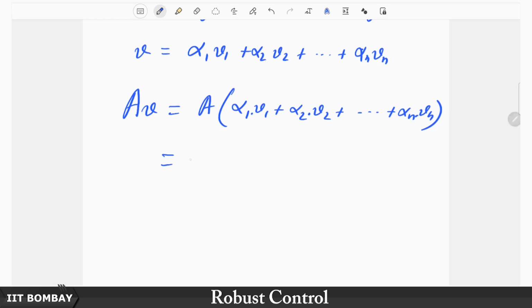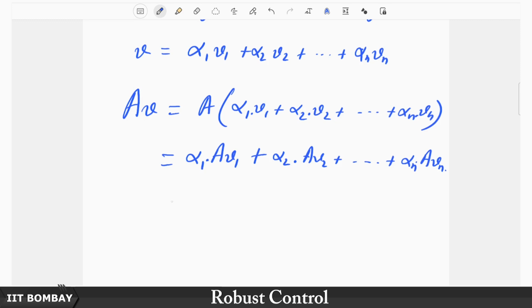So therefore, I can now write this as alpha 1 A V1. So remember, this scalar multiplication is now in W, alpha 2 A V2, so on and so forth till alpha n A Vn, right. So I can do this, okay, without violating any of the tenets.